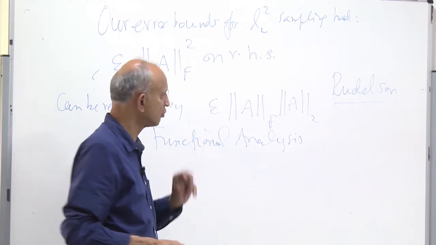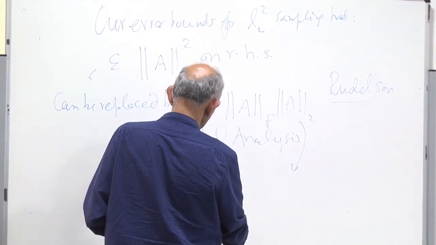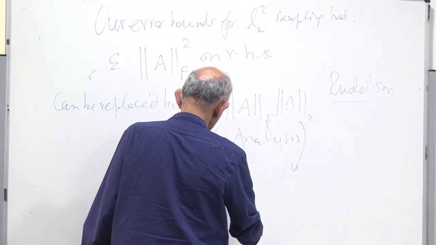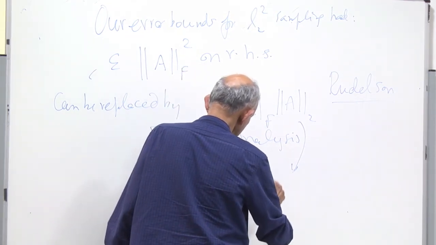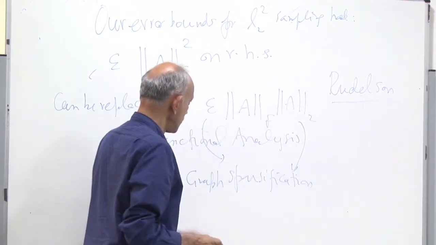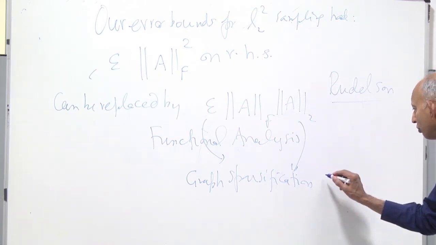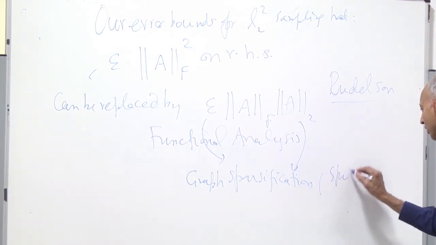Now, this turns out to lead to a bunch of things. Probably the most important thing is graph sparsification. And I'll tell you the result but not prove anything. This is due to Spielman and Srivastava.